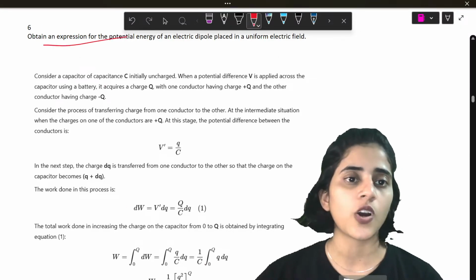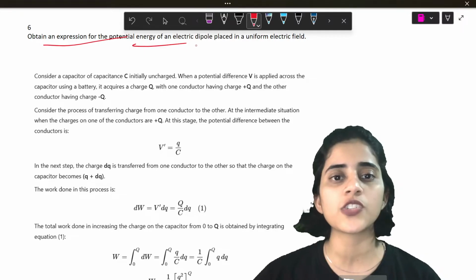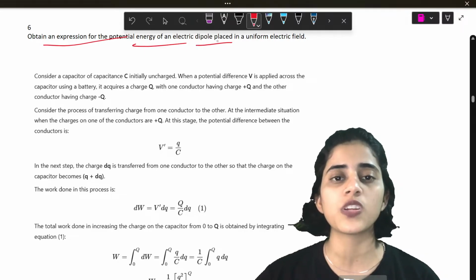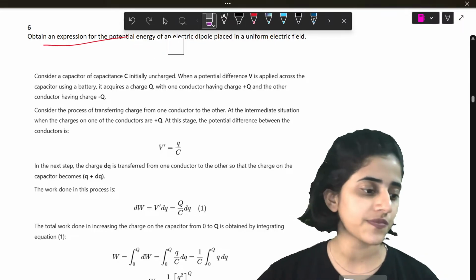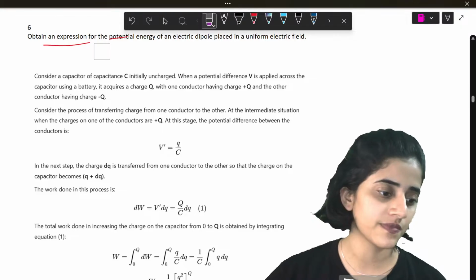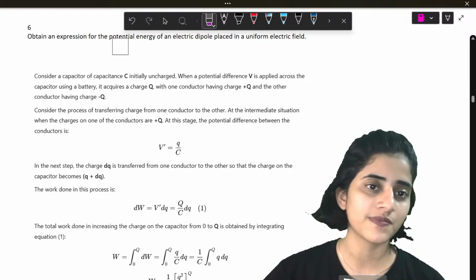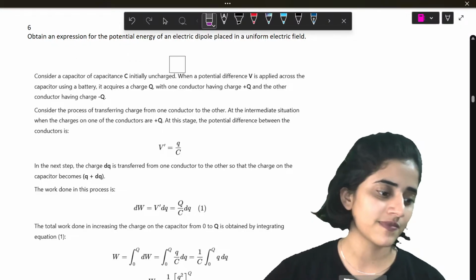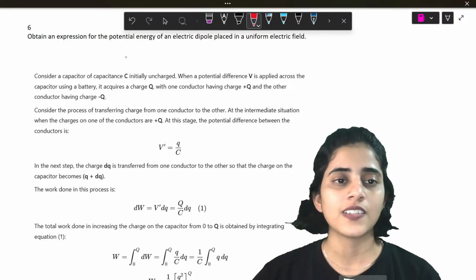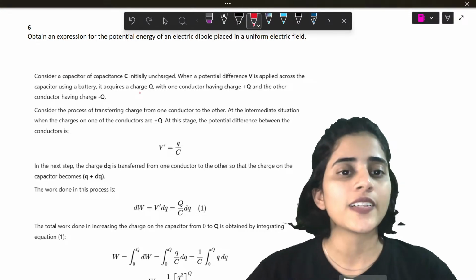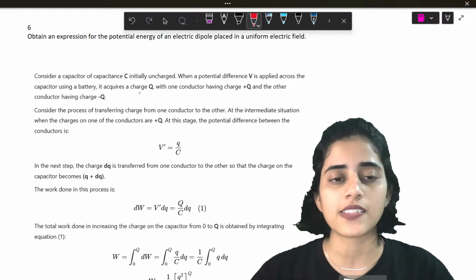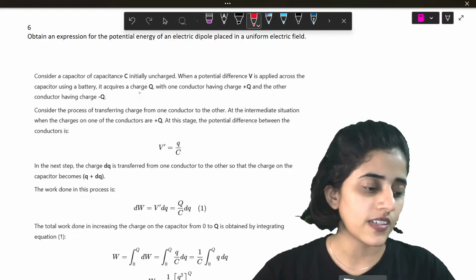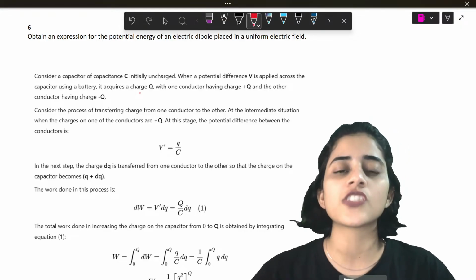Next question. Obtain an expression for the potential energy of an electric dipole placed in a uniform electric field. So consider a capacitor of capacitance C, which is initially uncharged.